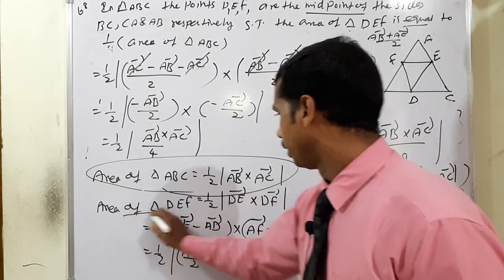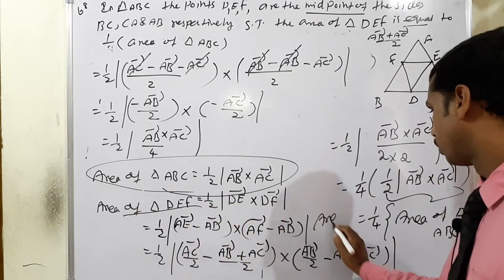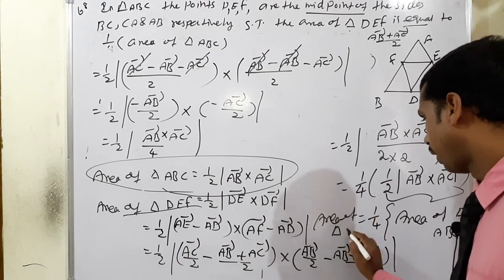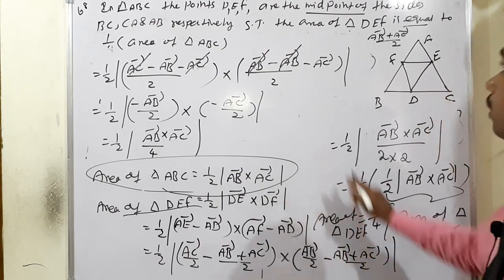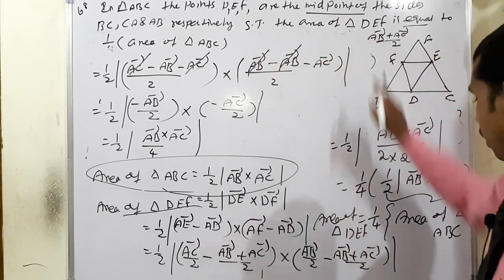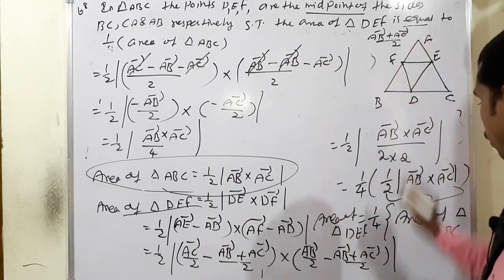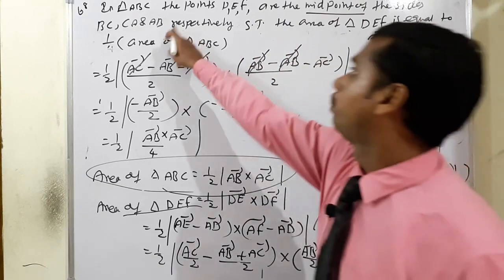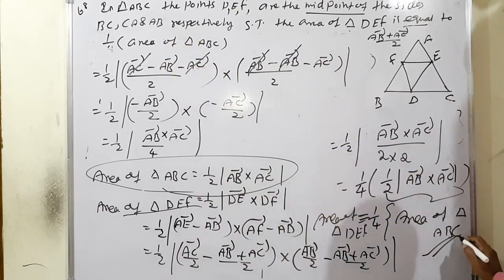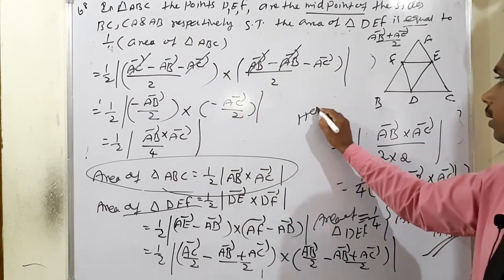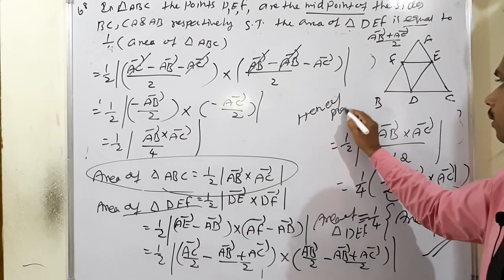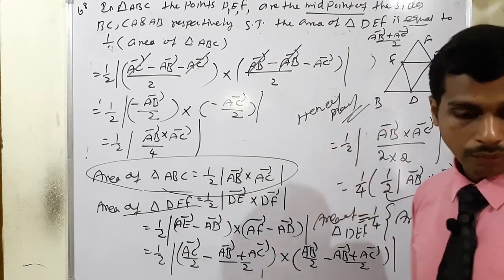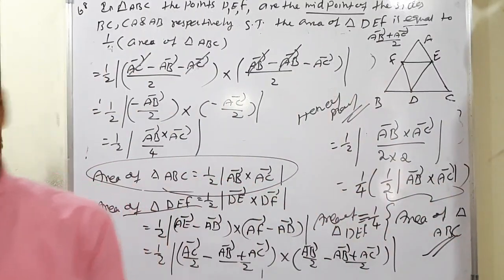Area of triangle DEF, isn't it? So we showed that area of triangle DEF is equal to 1 by 4 into area of triangle ABC. One of the important questions. Okay, we can write hence proved. I will continue with the next example.